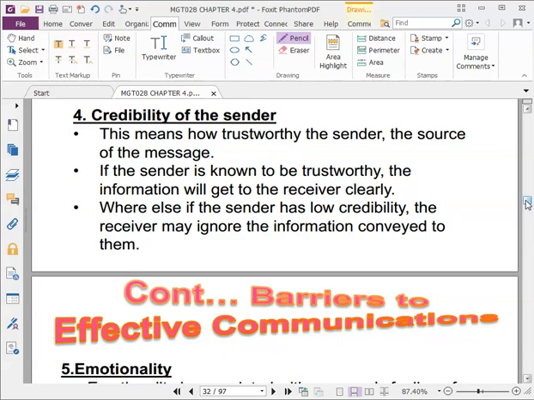Okay, disebabkan oleh credibility. Kita dah tahu sebelum ni dia pernah berbohong pasal isu lain, so kebarangkalian untuk ditipu lagi adalah tinggi. So macam itulah caranya, credibility of the sender will impact untuk ignore the information yang dia dah bagi.